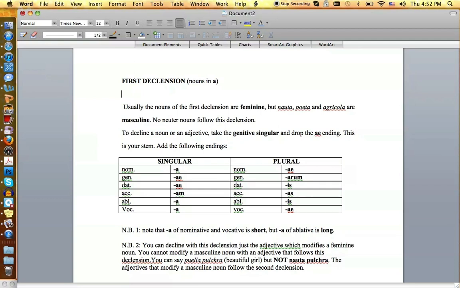And with that, you can understand the function of that noun in the sentence, just as we saw before with the example of the sentence, a dog bites a man.